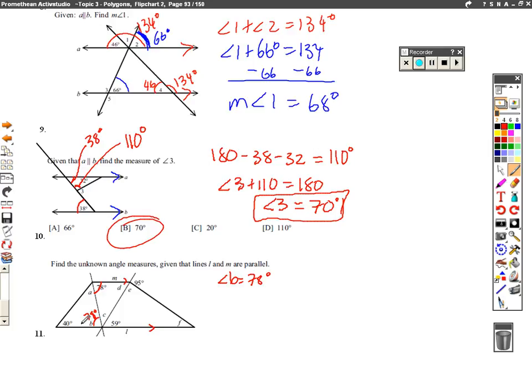Now 40 and 78 and angle A make a triangle, which means their sum is 180. So if that's 40 and 78, that is 118. And 118 plus angle A equals 180 degrees because they make a triangle. So that tells us that angle A is 62 degrees.